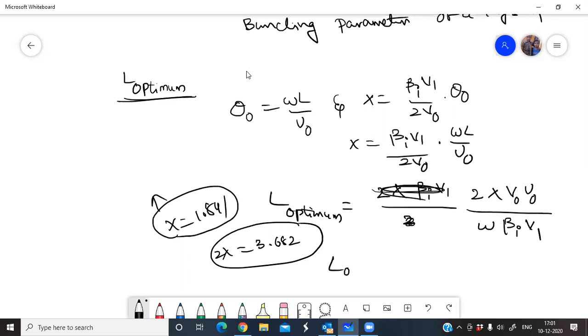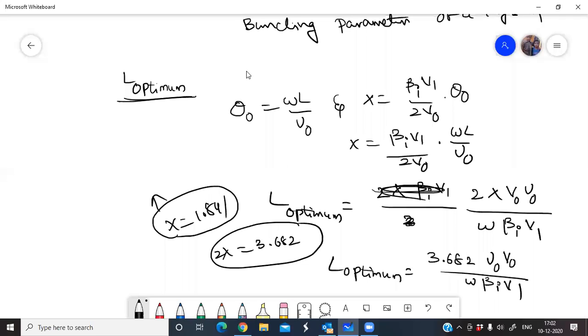So with this, we can write L optimum equal to 3.682 into small v naught capital V naught divided by omega beta I V1. Right? This is the optimum distance for the bunching process, or the optimum bunching distance.